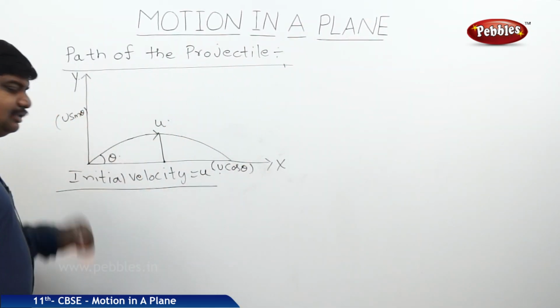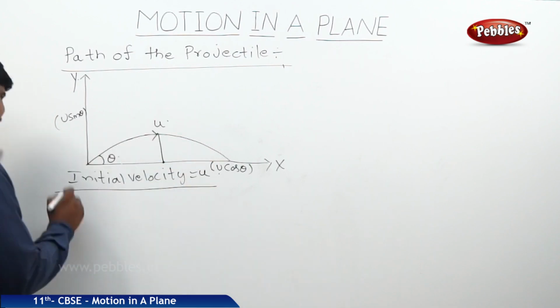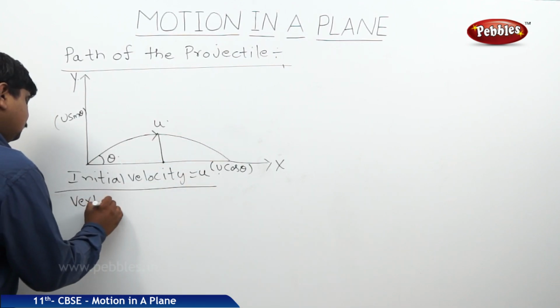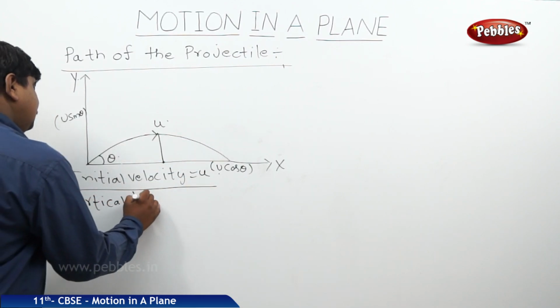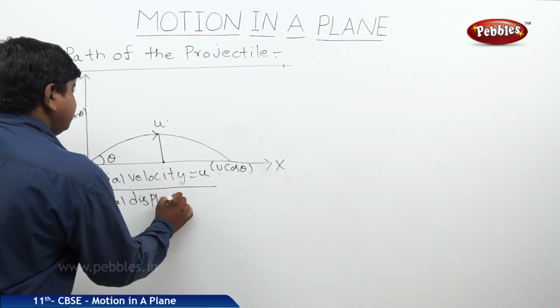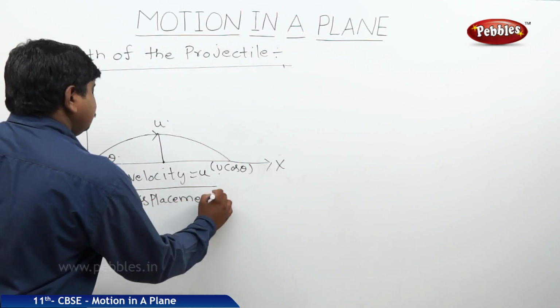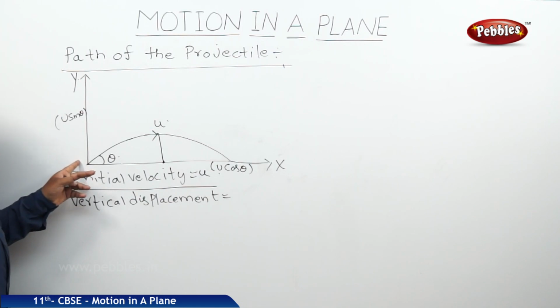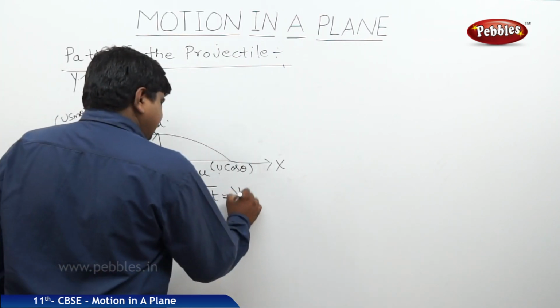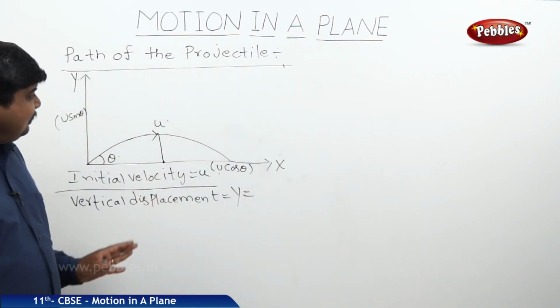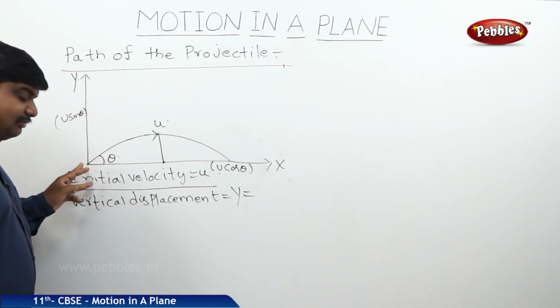Now for the same situation we are finding the vertical displacement. So the vertical displacement is y. The vertical direction is y. Y is equal to the distance travelled in the vertical direction when it is projected with a velocity u.